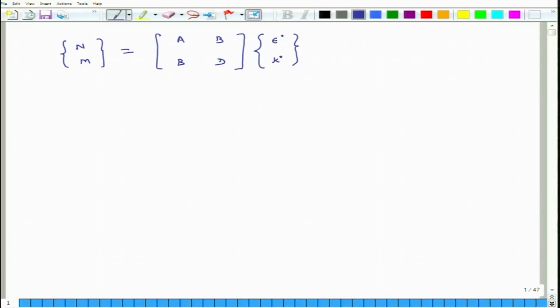So, this is what we had shown. So, what we will do today in this particular class is we will do an example where we will actually calculate the elements of A matrix, B matrix and D matrix for a relatively simple laminate.